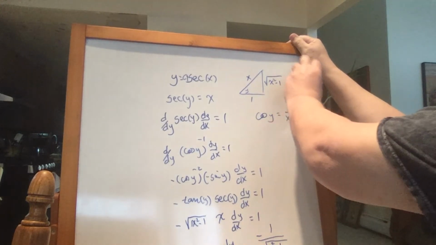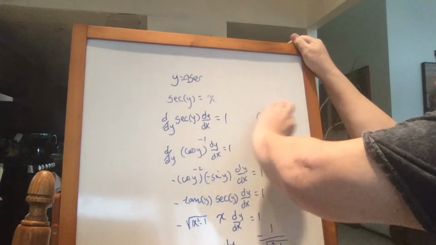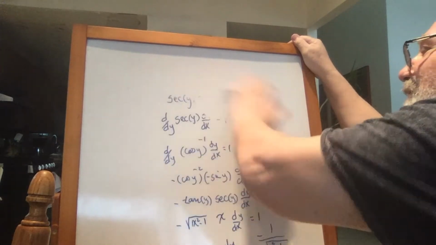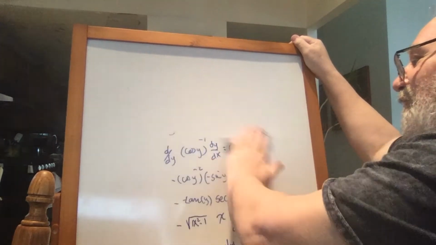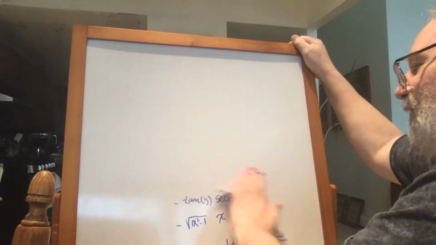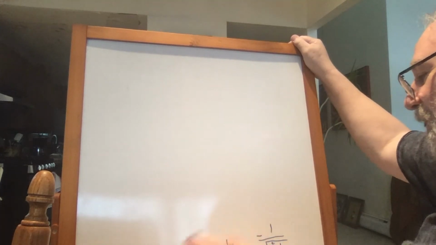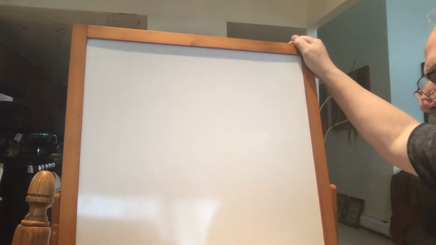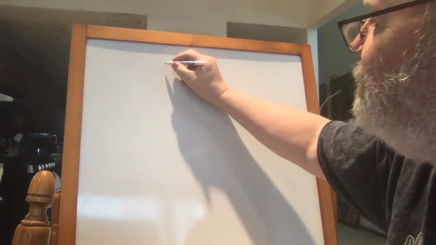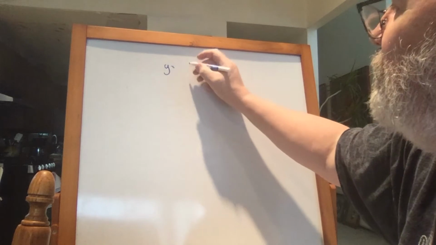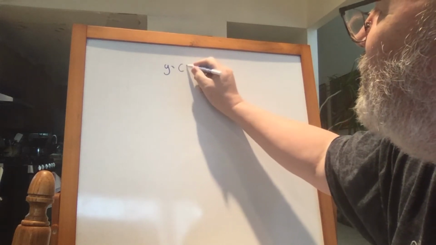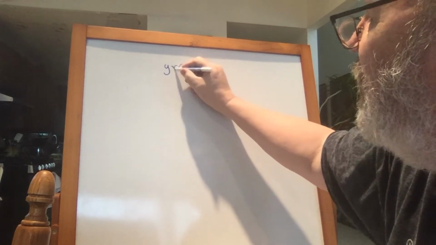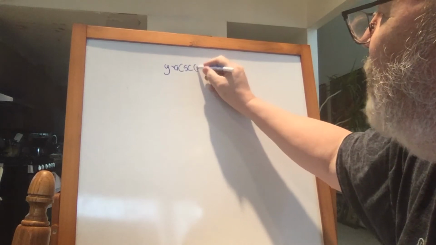And we can do cosecant. I think this is fun. When you get down to it, I think it's beautiful how you can get these relationships. Now we have y equals arc cosecant of x.